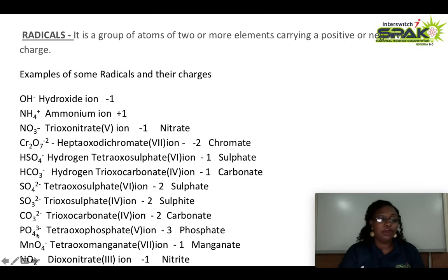This is PO4 3 minus. By the time they exchange valencies, you see the formula to be Ca3(PO4)2, because that is calcium tetraoxophosphate(V). I'm sure you understand the swapping of valencies and how compounds are formed.